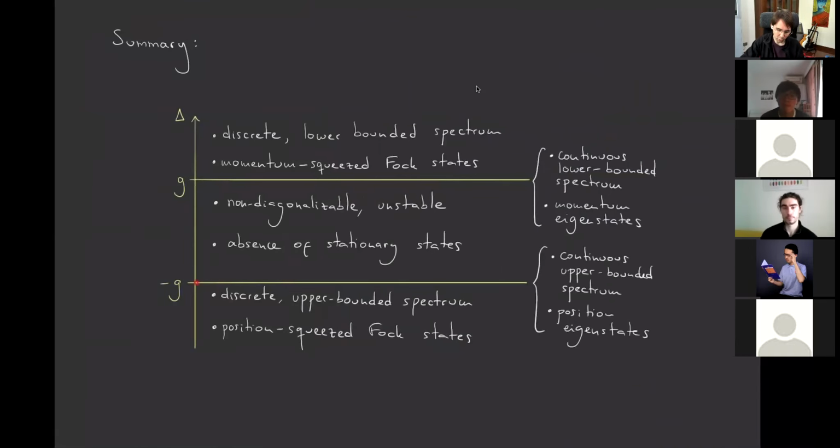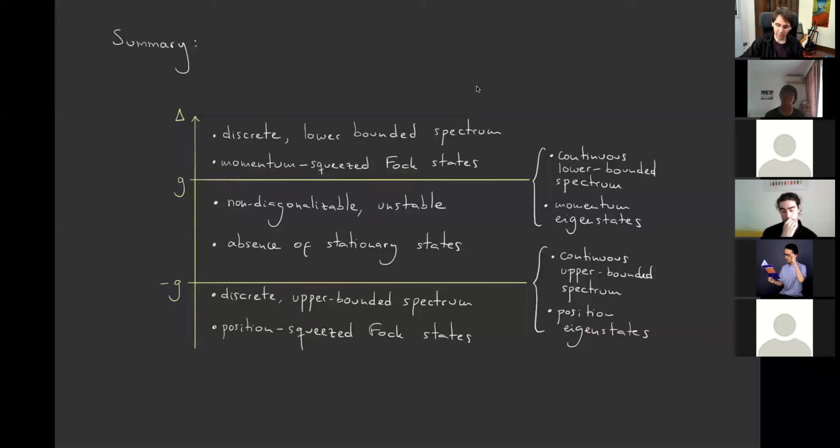And then when we go below minus G, so when the detuning becomes larger than G but with negative sign, exactly at minus G we again get a continuous upper bounded spectrum. And the eigenstates are no longer momentum eigenstates, but position eigenstates.